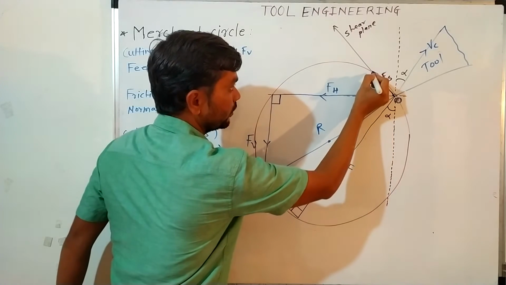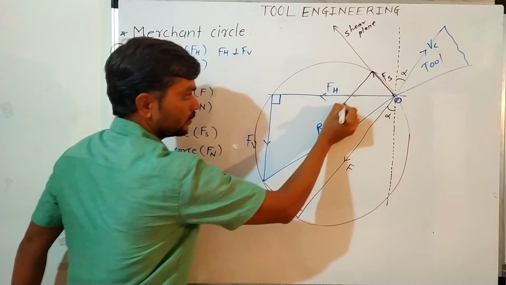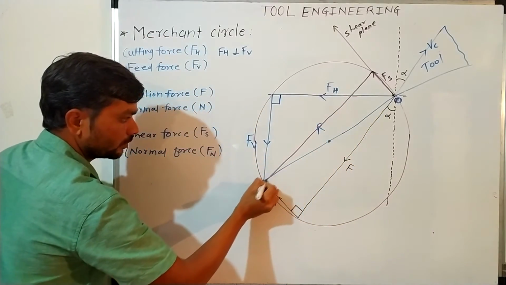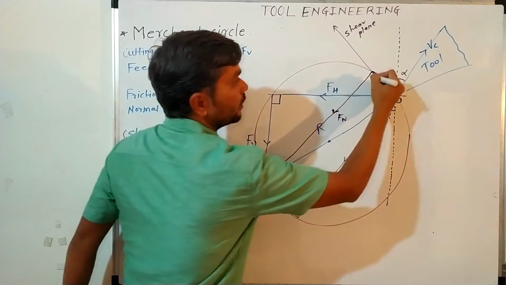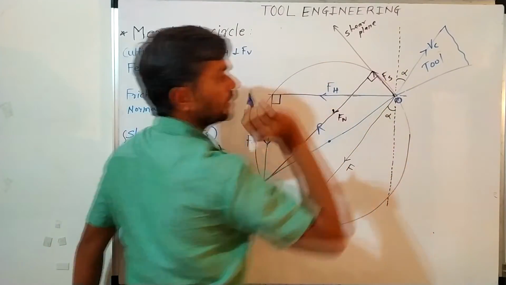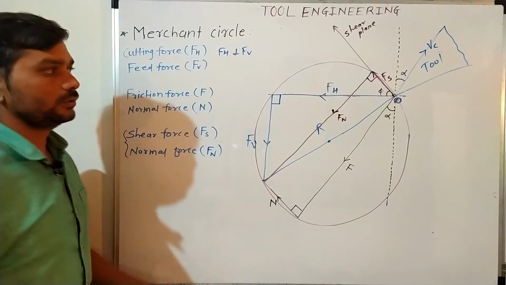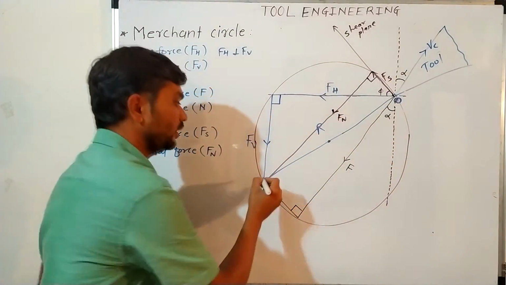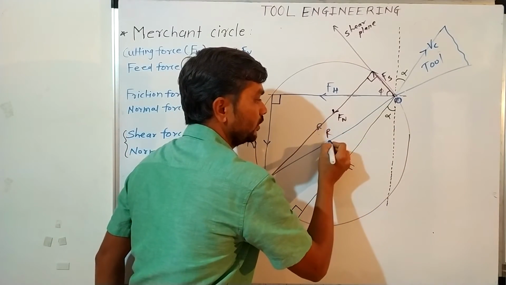So we draw a perpendicular from this point. This will represent our Fn, and this Fn is perpendicular to the Fs, and this angle represents the shear angle. So this is our third set of force. Again, by joining these 2 points we get the resultant.